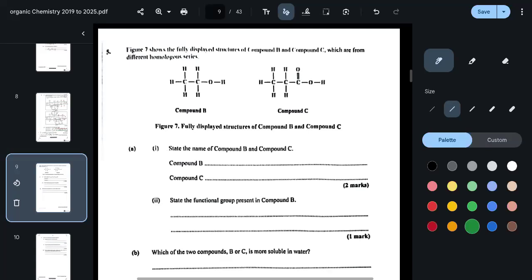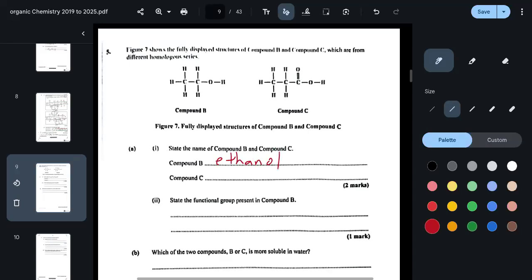All right, I'm back. Right, so state the name of compound B and compound C. What is the name of compound B? Sir, alcohol. The homologous series is alcohol, but what is the name? Ethanol, right. Ethanol.